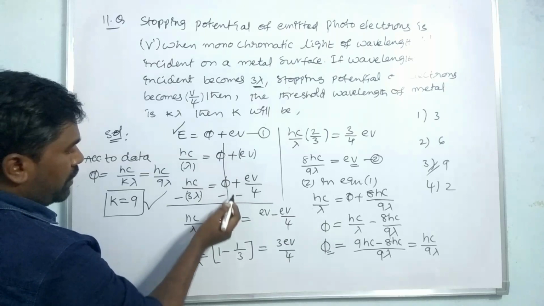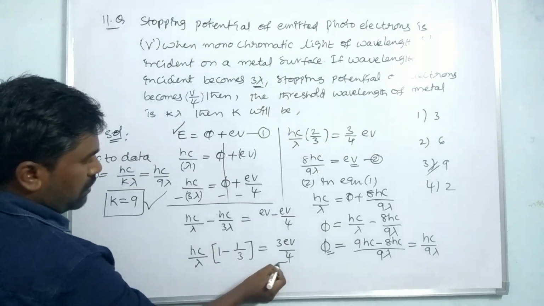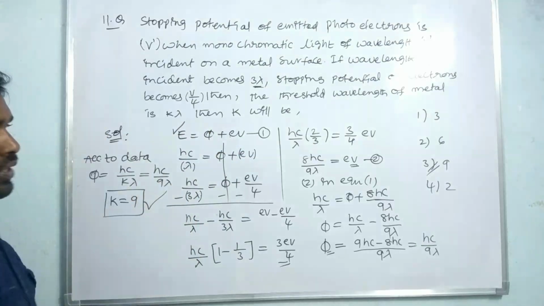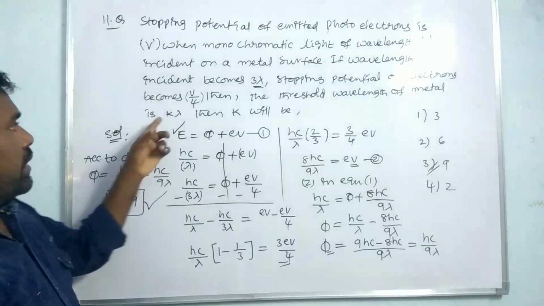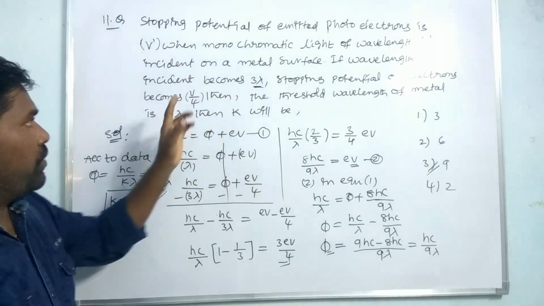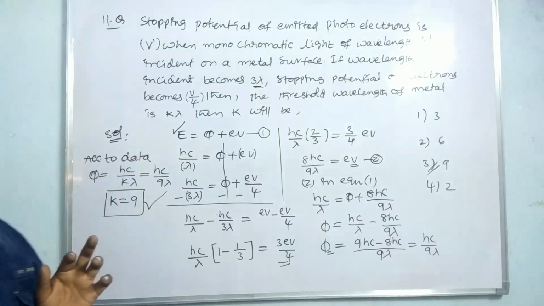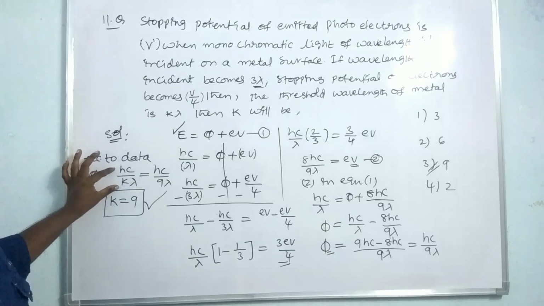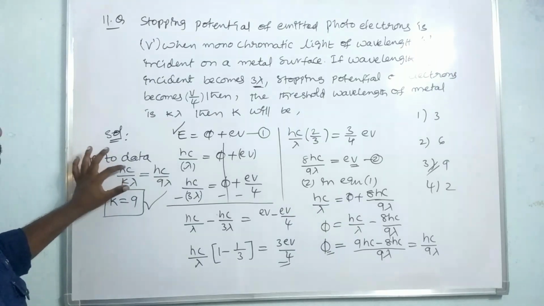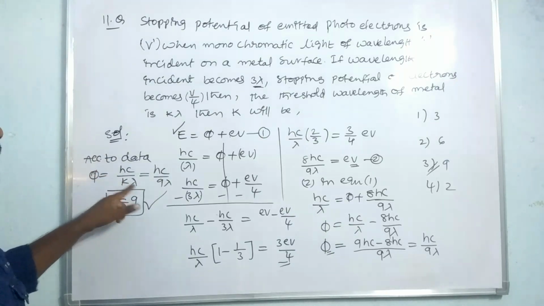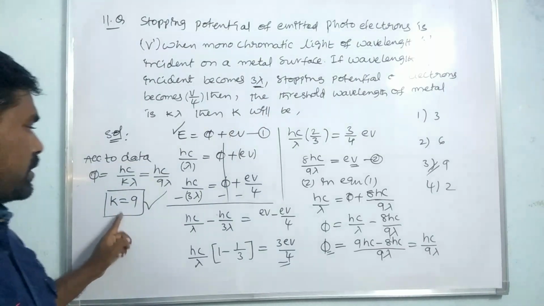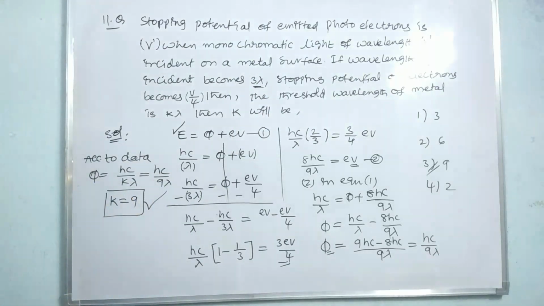From these two simplifications we get the EV value, which will be substituted here. Already he gave that the threshold wavelength is k lambda. Threshold wavelength is nothing but phi, it is hc by lambda, h nu actually, and nu is equal to c by lambda, that is k lambda is the threshold wavelength. So the answer, the k value, is 9 here.